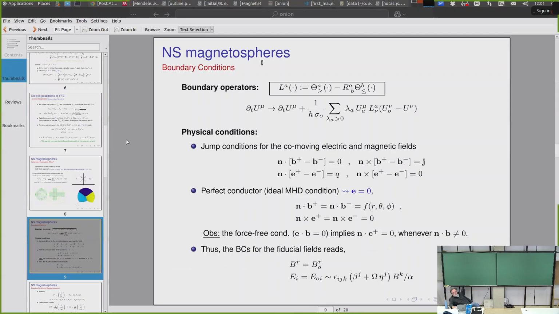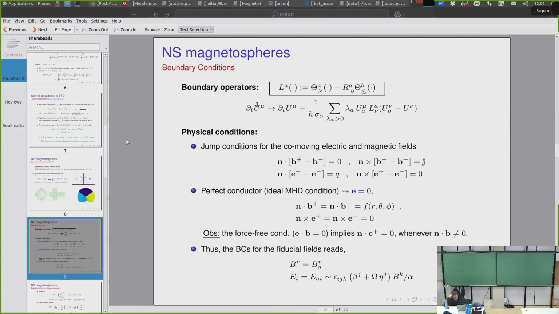So as I was saying, this surface of the neutron star is very delicate. It's very important to appropriately define and implement the boundary conditions on the neutron star surface. Typically, boundary conditions are an important part of numerical modeling. Most of the time, the boundary conditions are farther away, and then you can do rougher approximations.